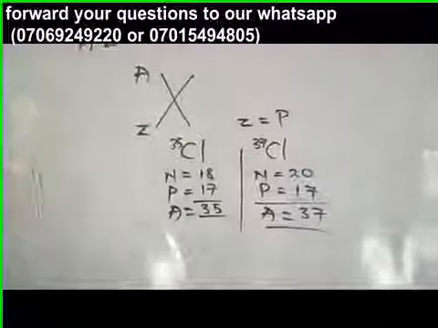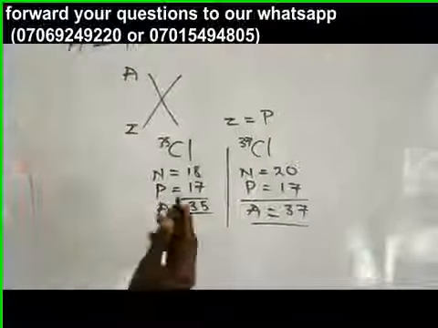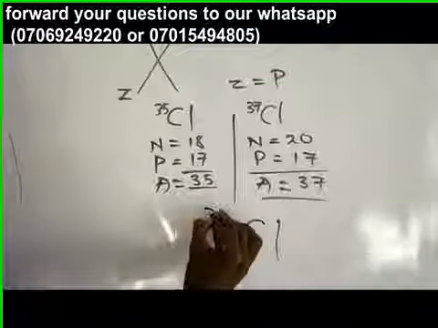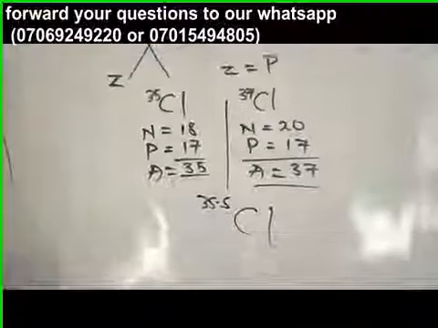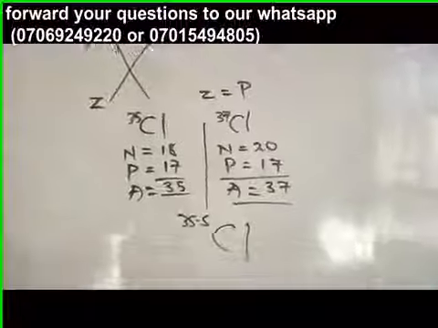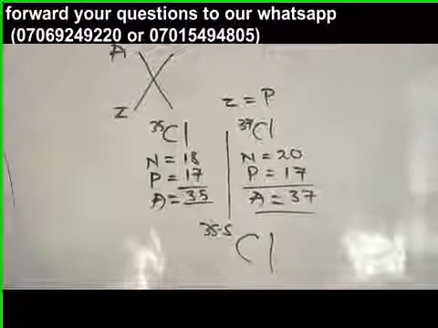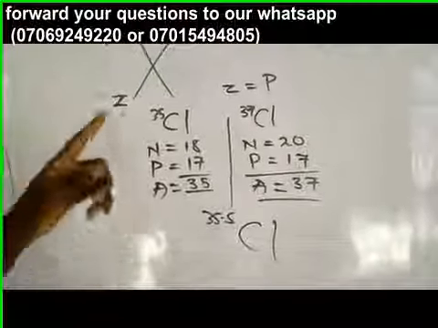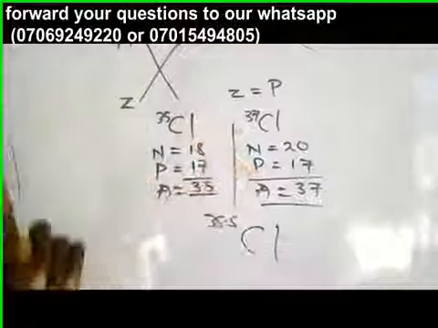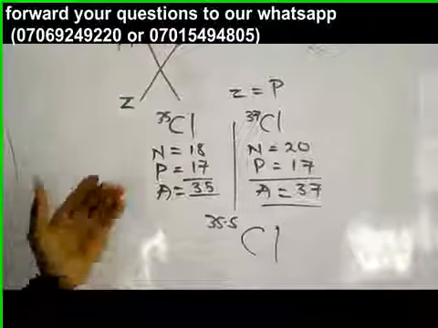And we usually represent the relative atomic mass of chlorine as 35.5. We do a little bit of calculation to arrive at 35.5. But in a nutshell, chlorine 35 and chlorine 37 are isotopes of each other.